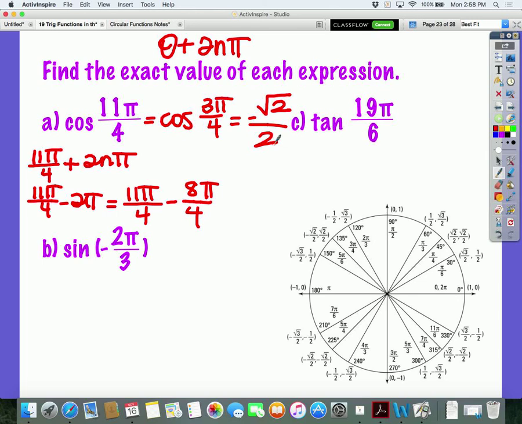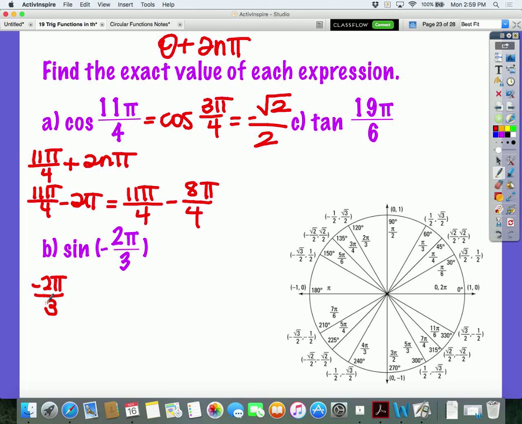Let's do B. The sine of negative 2 pi over 3. What's the coterminal angle to negative 2 pi over 3? Negative 5 pi over 3. Give me one that's in my unit circle. Yes, you are right, it would be negative 5 pi over 3.